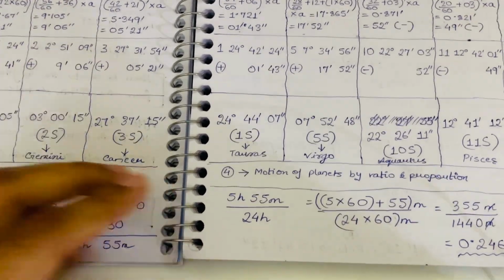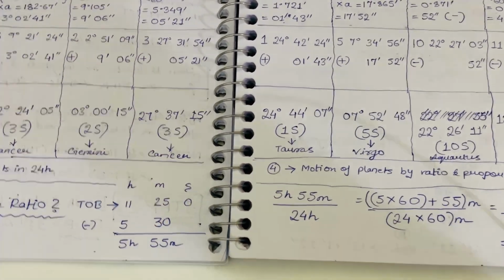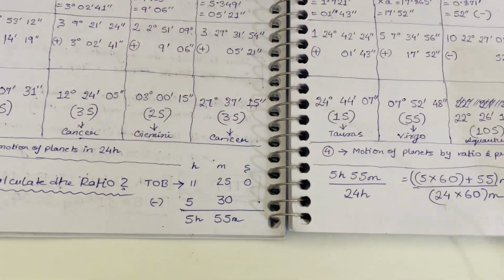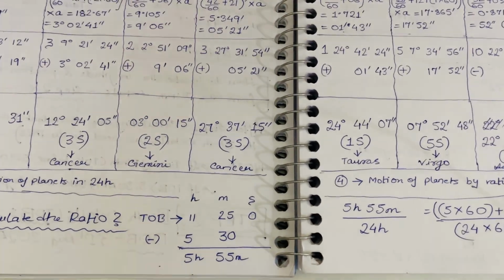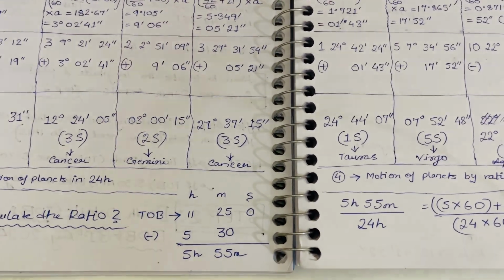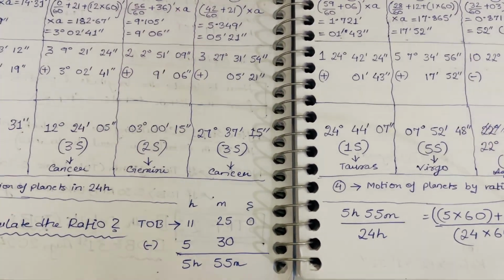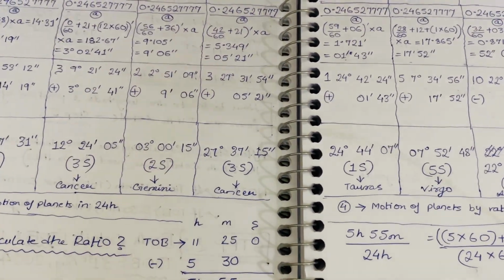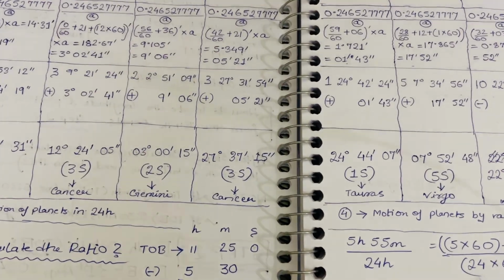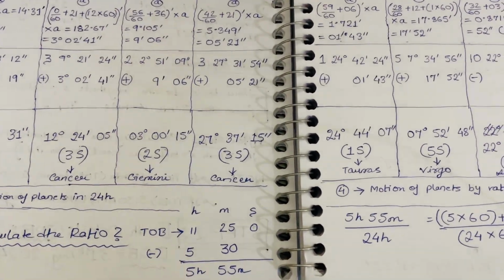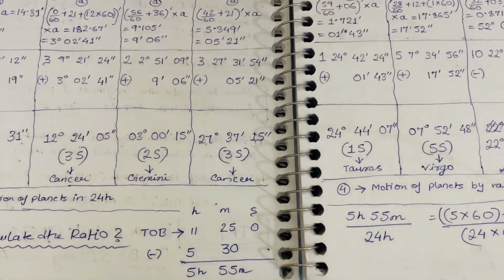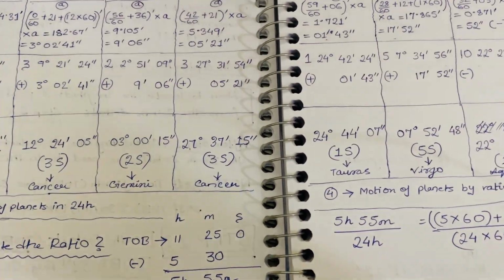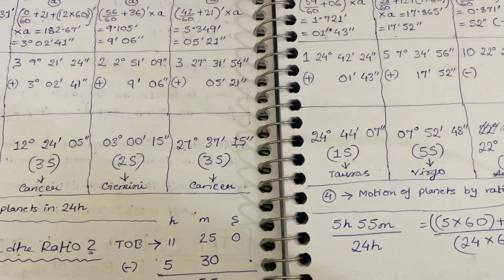So here our numerator value is 11 hour 25 minutes minus 5 hour 30 minutes, which is giving us 5 hour 55 minutes. So 5 hour 55 minutes becomes our numerator value, and the denominator value is 24. So the ratio value that we are calculating is 5 hour 55 minutes divided by 24 hours.